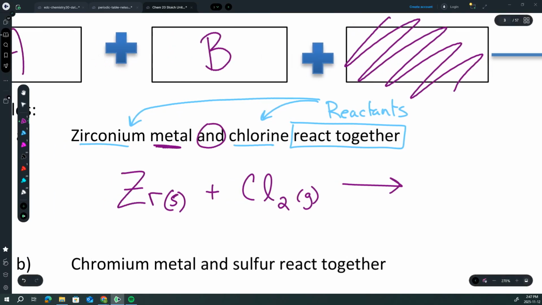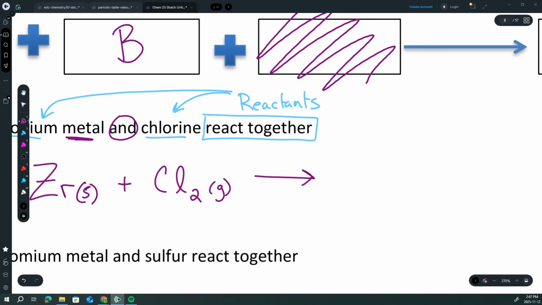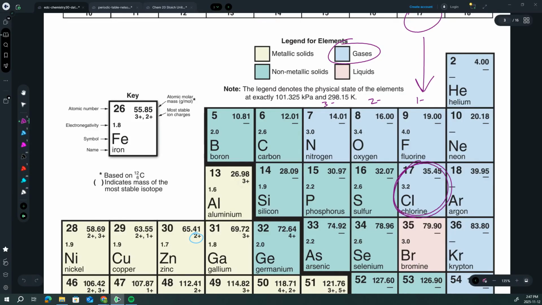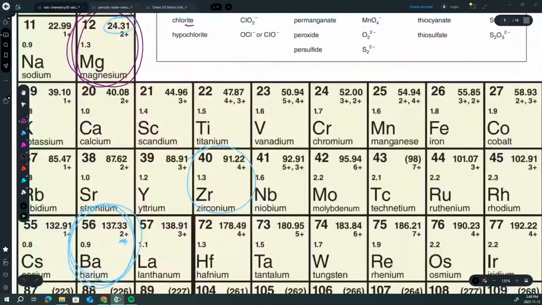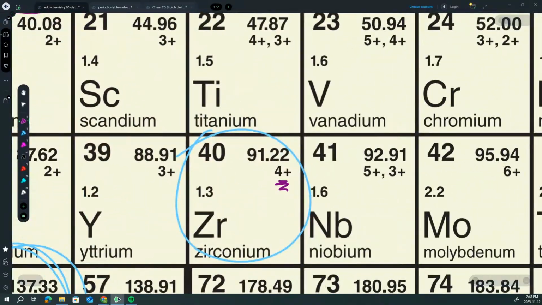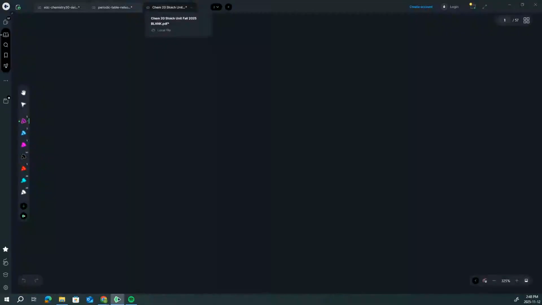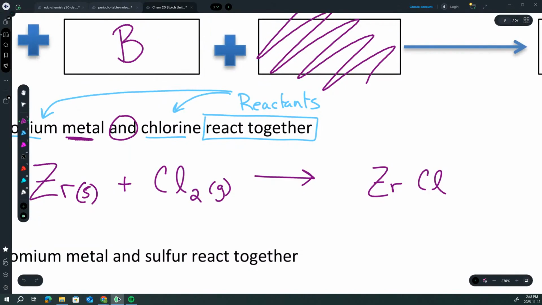And since this is a formation reaction, we need to take these two elements and combine them into a compound. So I'm going to have zirconium chloride. Now, if we look back at zirconium here, zirconium likes to have a 4+ charge. So I'm going to write that as a little note to myself.